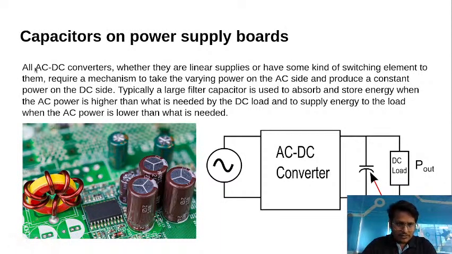So here you can see all AC DC converters, whether they are linear supplies or have some kind of switching elements to them, require a mechanism to take the varying power on the AC side and produce a constant power on the DC side. Typically a large filter capacitor is used to absorb and store energy when the AC power is higher than what is needed by the DC load, and to supply energy to the load when the AC power is lower than what is needed.